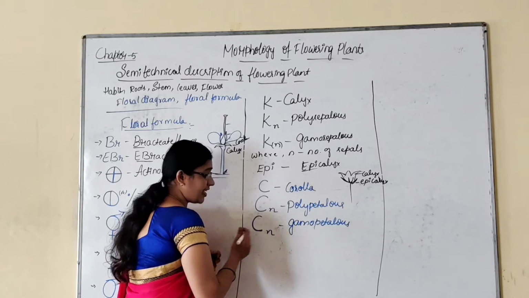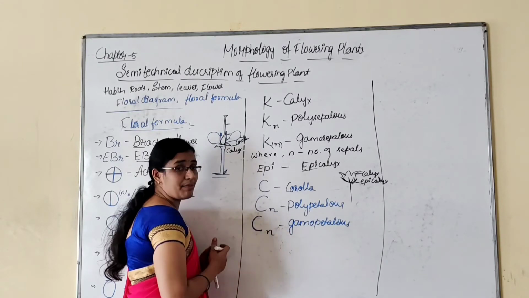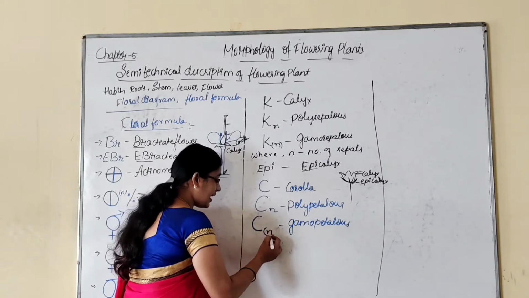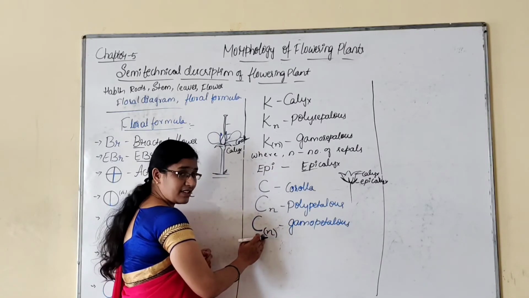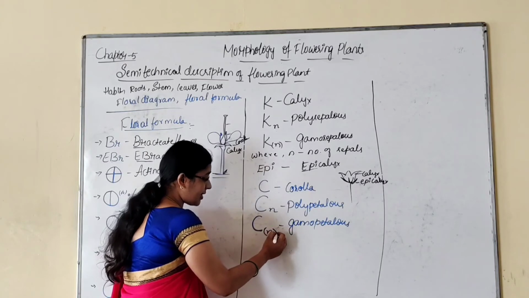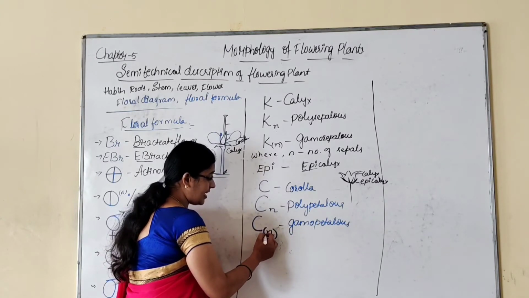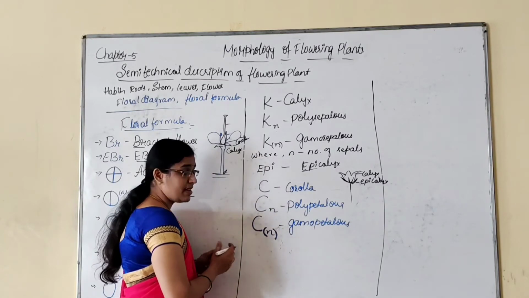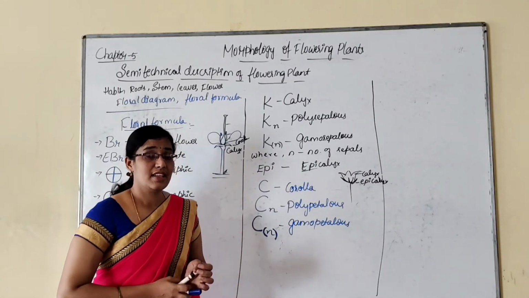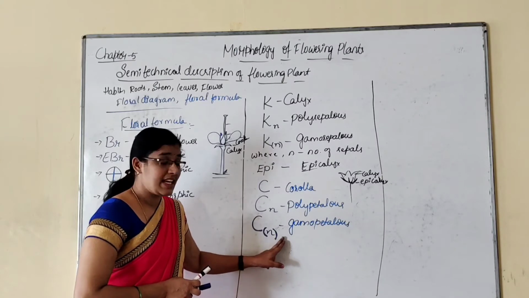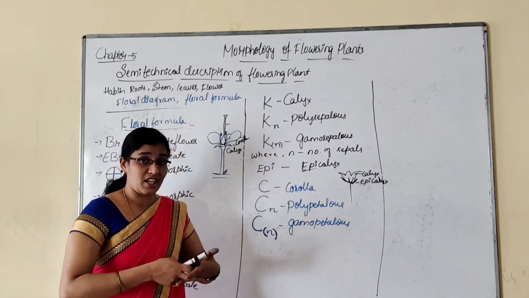At its foot we write N, which indicates the number of petals. And gamo means fused condition. If we write brackets for N, the fusion is indicated by writing the brackets. So when you write the brackets, this indicates the fused condition.